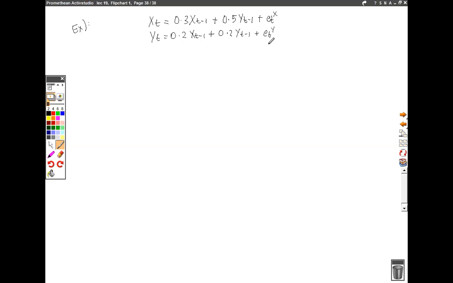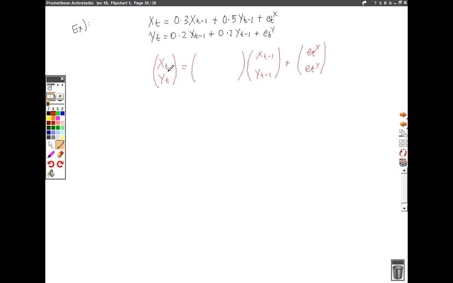So if I have to write this in terms of vectors, how can I write this? Let me show it to you. I have xt and yt here, and I know that these depend on xt minus 1 and yt minus 1 respectively, and simultaneously as well. So what I do is I create a vector of xt and yt, and I will have some matrix here, and I write xt minus 1 here and yt minus 1 there, plus etx and ety.